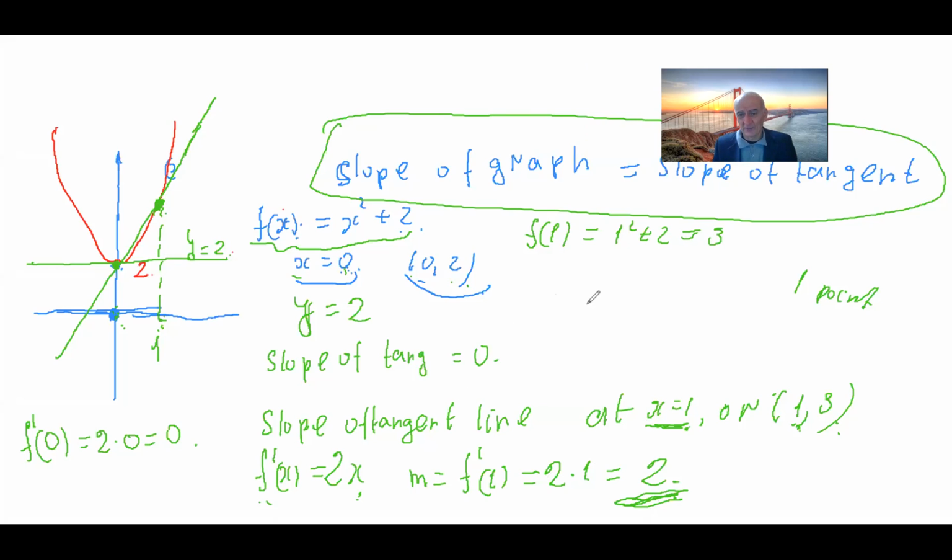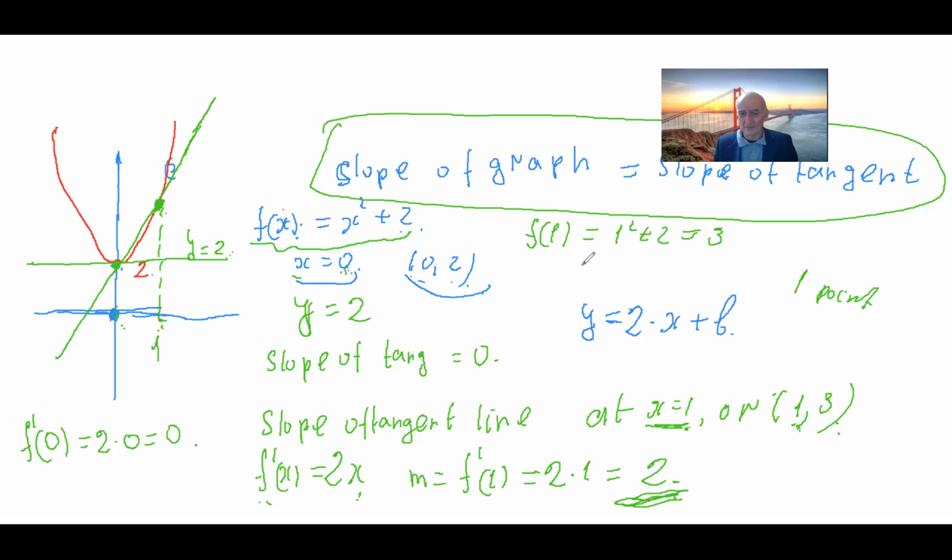We know that the equation of a line is m times x plus b, and we already know what m is. So the equation of this tangent line I can write as 2 times x plus b. Is it clear for everyone?